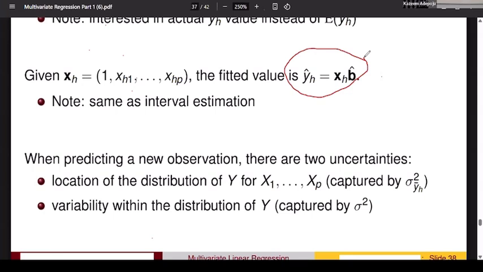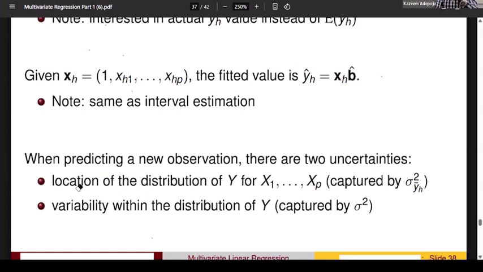Do you see the same formula for the point estimate? But do you know where the difference lies? The difference lies in the variance. The variance of prediction for average is different from the variance of prediction for individual. Does that make sense now?